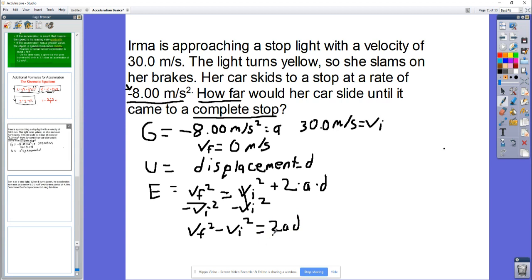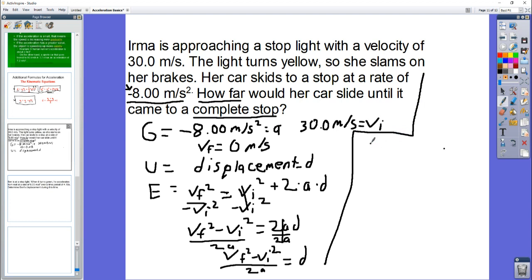Okay, so we need d by itself, so I'm going to divide by 2a, cancel, divide by 2a. So that leaves you with v sub f squared minus v sub I squared over 2a equals d. All right, yay, we found d.